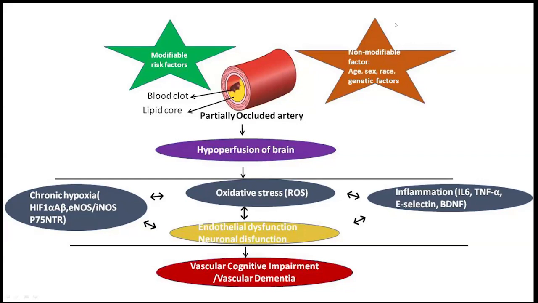So the underlying processes are blood volume hyperperfusion resulting in inflammation, hypoxia, and release of perpetuating factors such as the reactive oxygen species and oxidative stress.